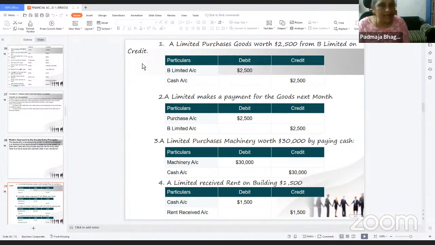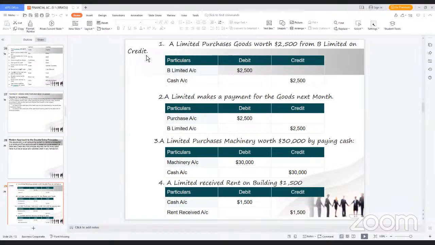So B Limited has sold the goods, and A has purchased the goods from B. B must get the cash, but here A has purchased the goods on credit. Are you getting my point?